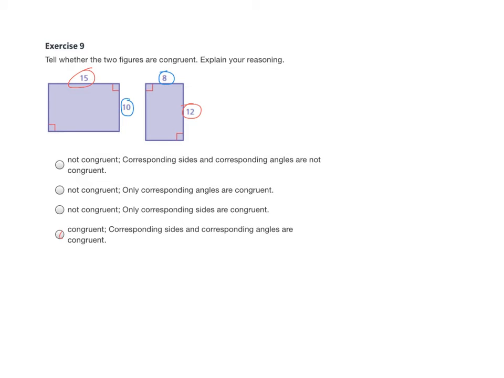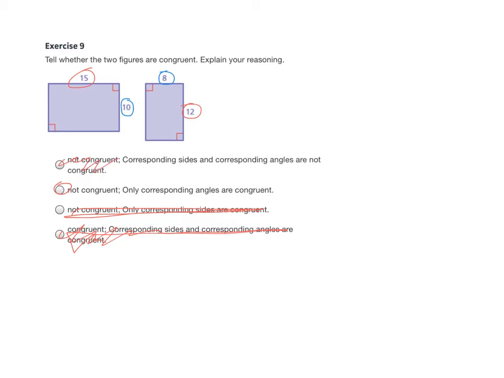So I'm going to start by getting rid of that as my multiple choice. It says not congruent, only corresponding sides are congruent. Corresponding sides are not congruent, we know that. Not congruent, only corresponding angles are congruent. That's true. Not congruent, corresponding sides and corresponding angles are not congruent.